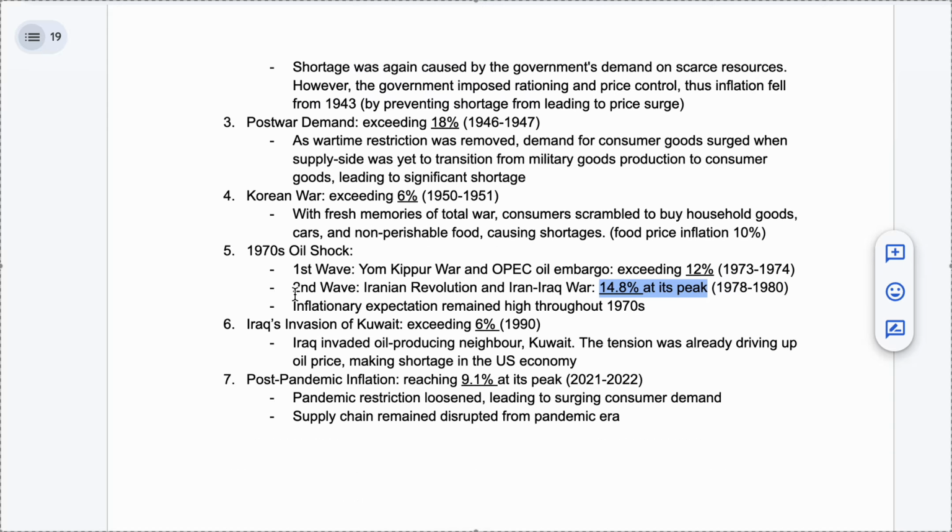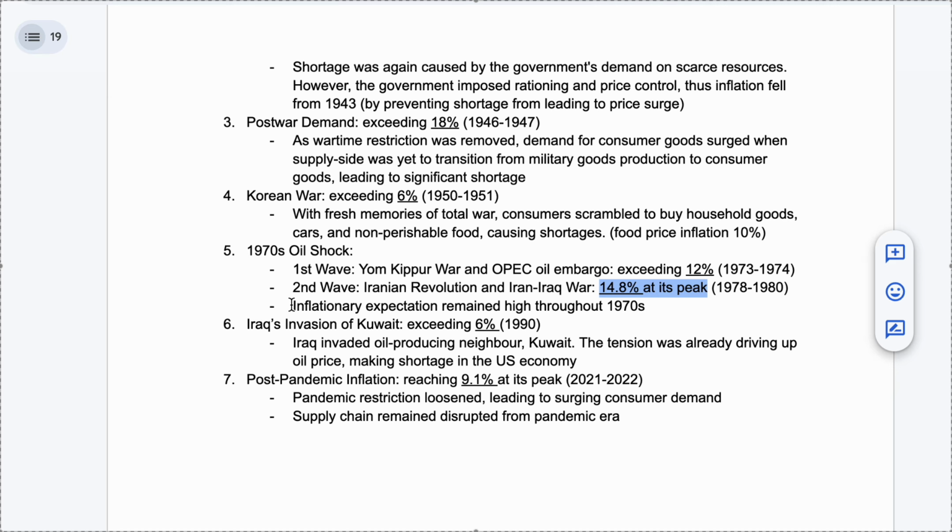Okay, inflationary expectation was high throughout the 1970s. If people expect inflation to be, for example, 6%, all these suppliers will try to raise the price that they receive by at least 6%, so they can keep up with the inflation.